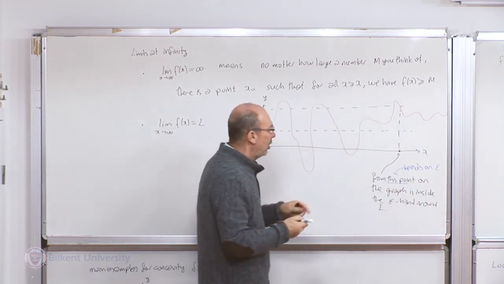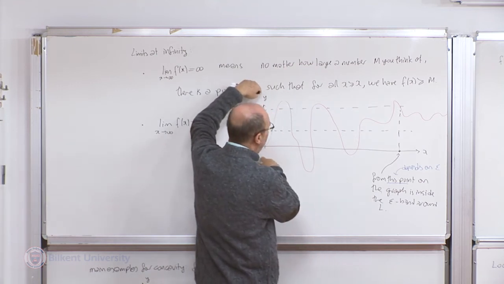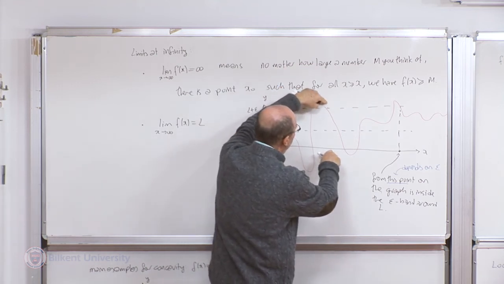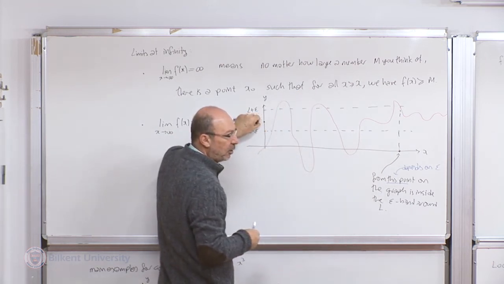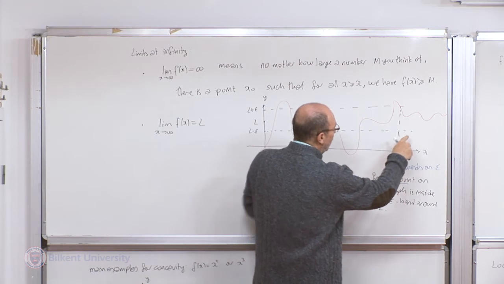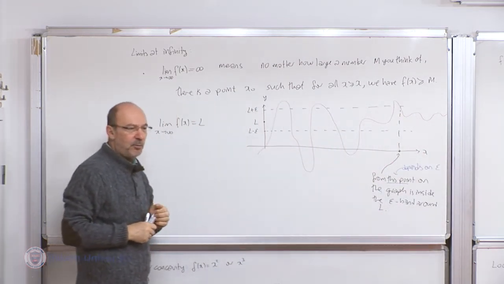If you choose a larger epsilon, say something like this, then from this point on everybody is here. If you choose a smaller epsilon, then this will not work. Maybe I have to go further away.